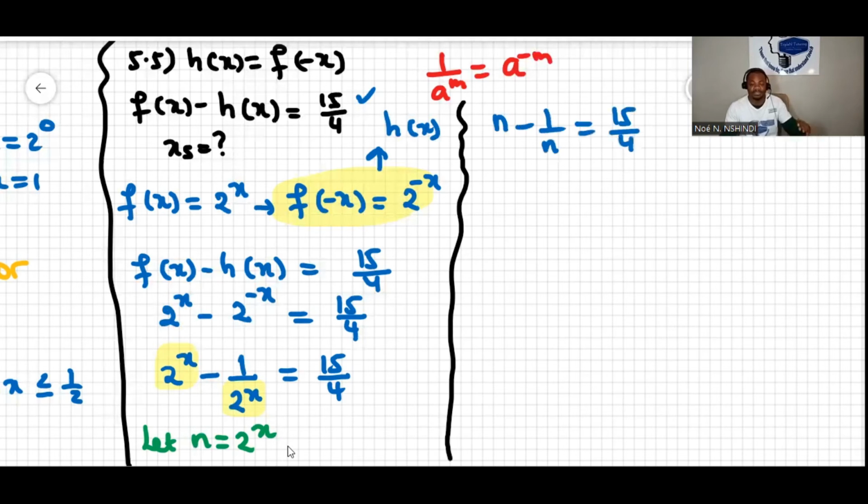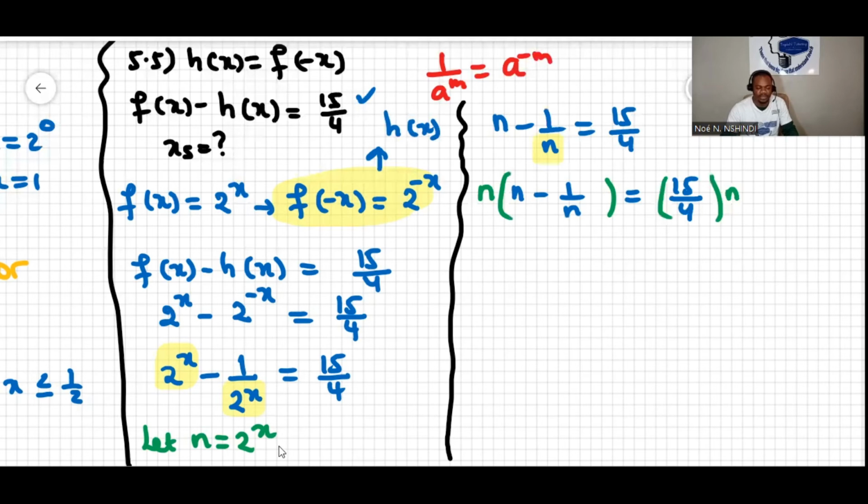So if we multiply the whole equation by n, just because I want to get rid of this denominator of n, I will multiply here by n. This will be n minus 1 over n equals 15 over 4 times n.